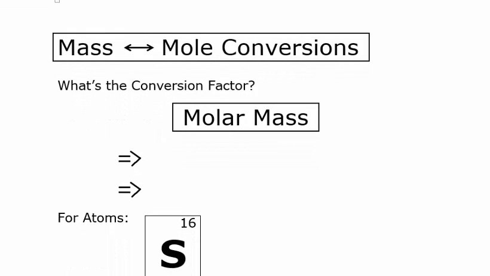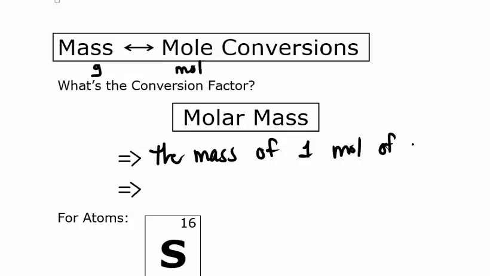Now contrast that to mass and mole conversions. If you want to convert between a mass in grams and moles, you're going to need a conversion factor called the molar mass. And that is the mass for 1 mole of a substance. Okay, but that isn't the same for all substances.